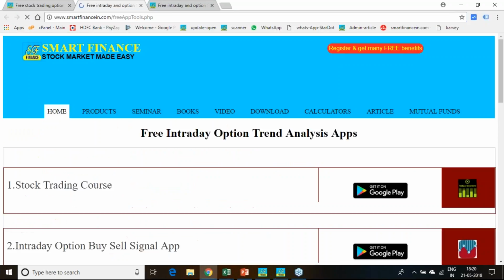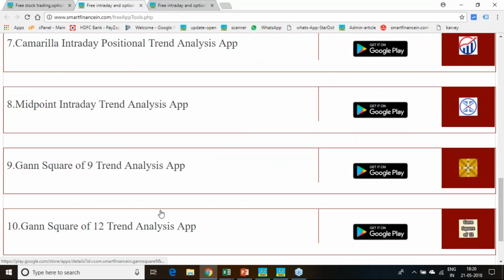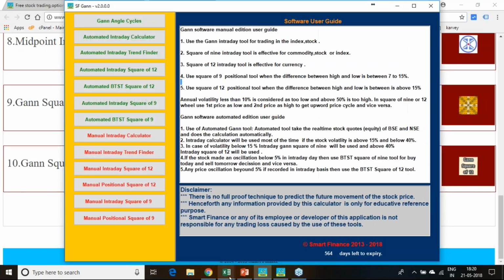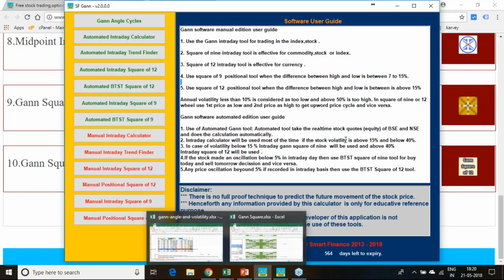Go to the download link and download the Gann Square of 9 trend analysis and Square of 12 trend analysis Android app. This is a free app, but you have to punch in the data and give the inputs there. So this is your Gann Square of 9 principle.